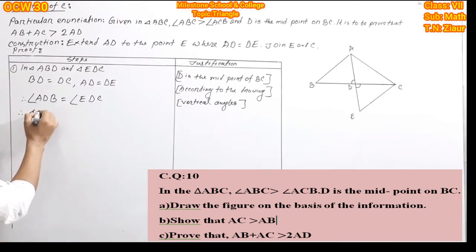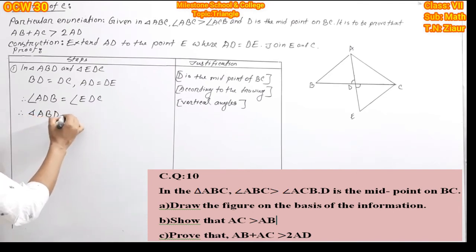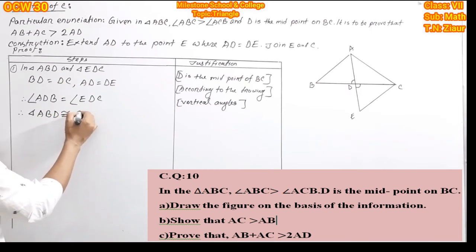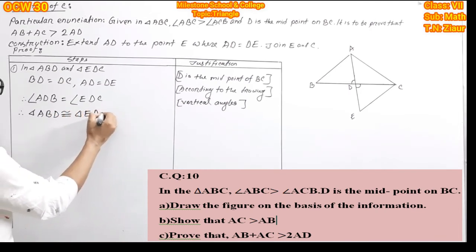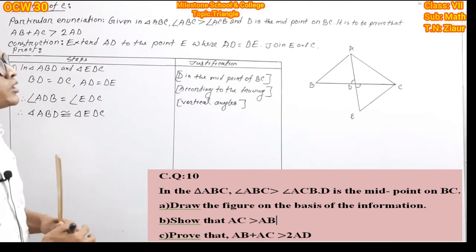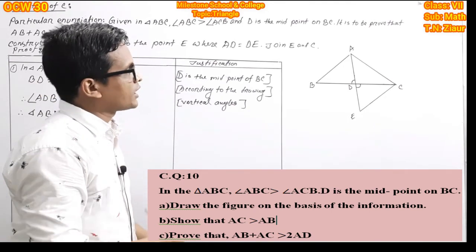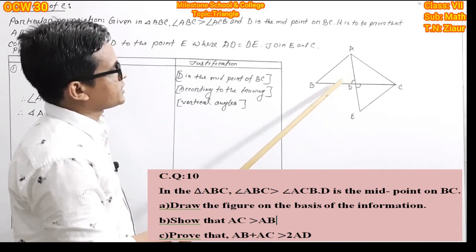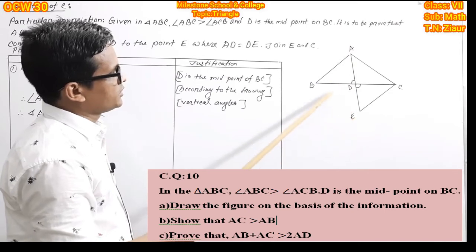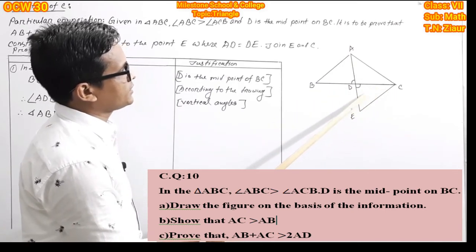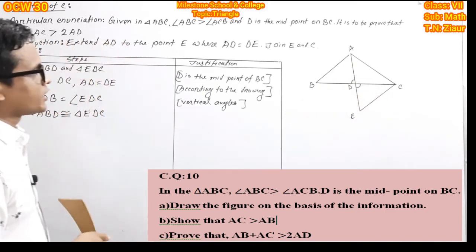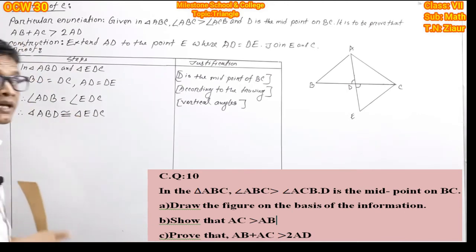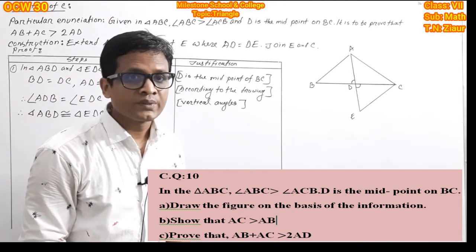So triangle ABD is congruent to triangle EDC. Why is it congruent? Because in the review lesson I have told that when this side, included angle and this side, AD is equal to DE, BD is equal to DC, and this angle are equal, we can write these triangles are congruent. When the triangles are congruent, what will you write?